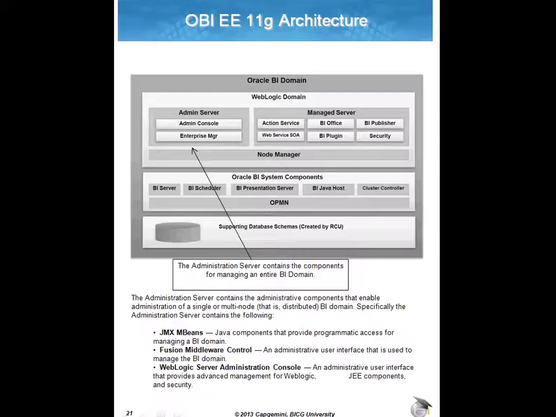And these two tools, we might say, provide us the administration power for the complete Oracle BI domain. So anything administratively that you might need to do for your Oracle BI domain, you can achieve through these two tools, the admin console and the enterprise manager or Fusion middleware control within the admin server.